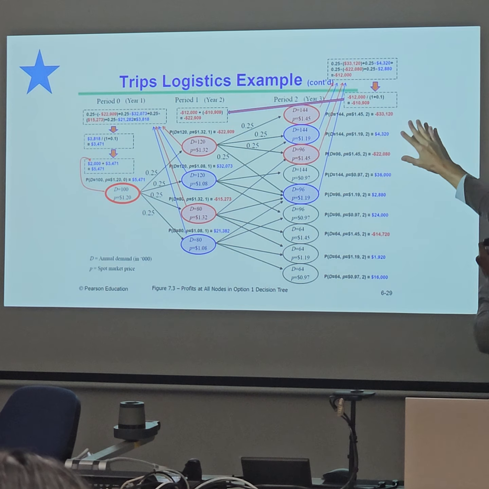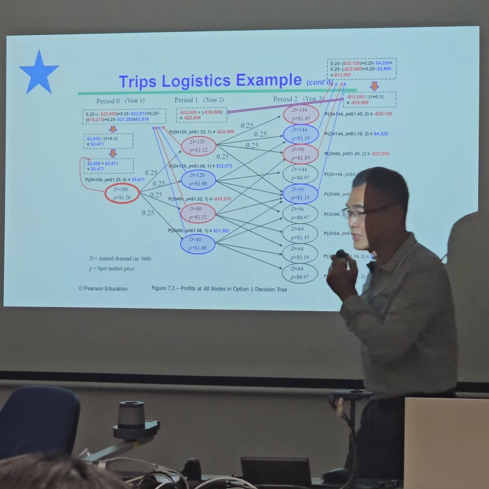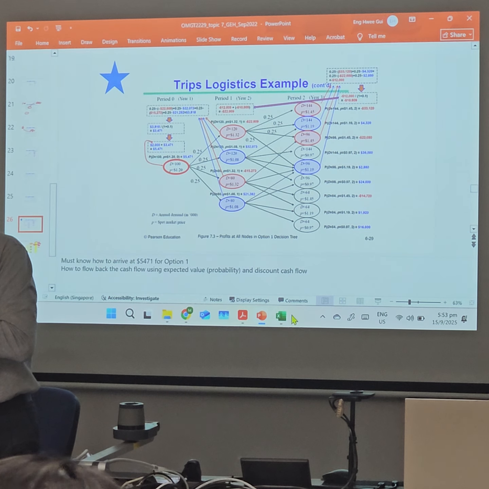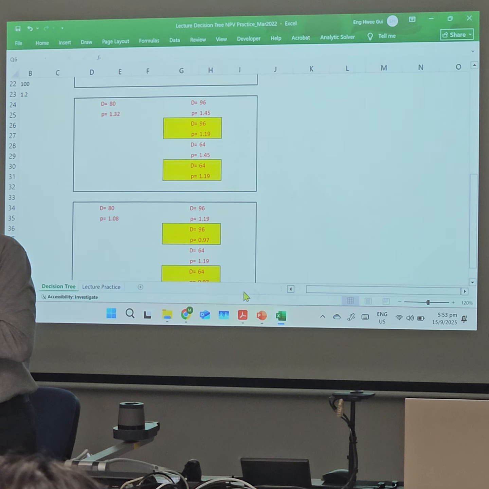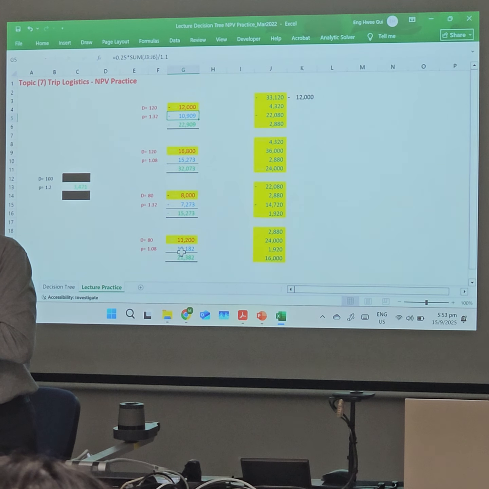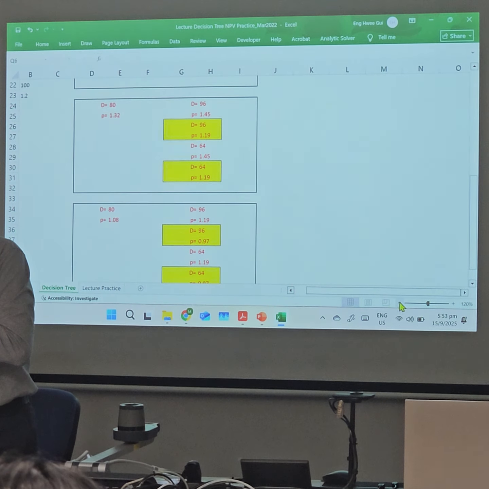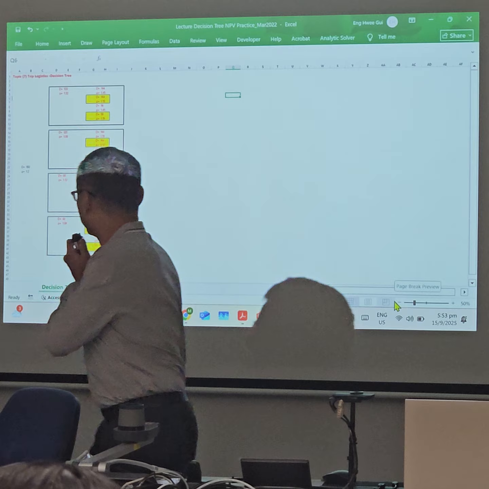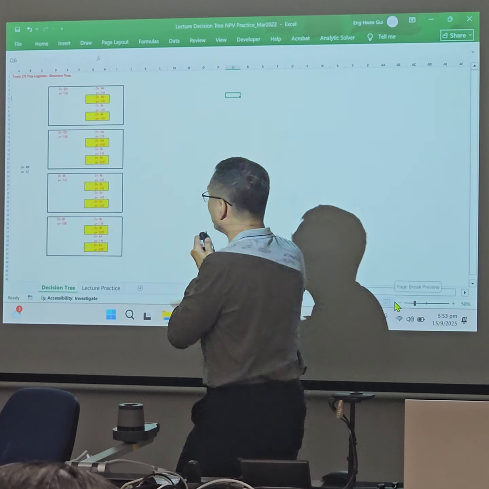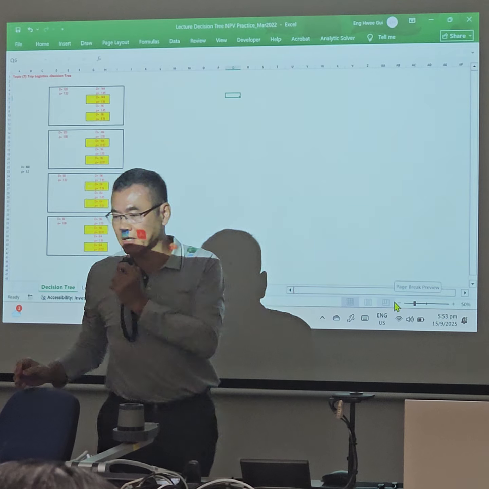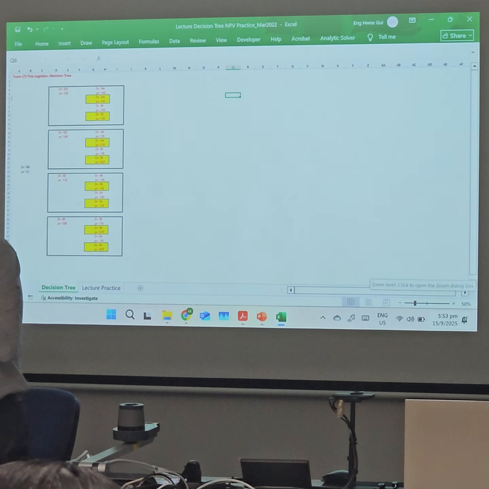But I suggest you don't use this. If you want, you take a picture of this. Remember the decision tree, this is not a decision tree, you must draw the branches. The decision tree.